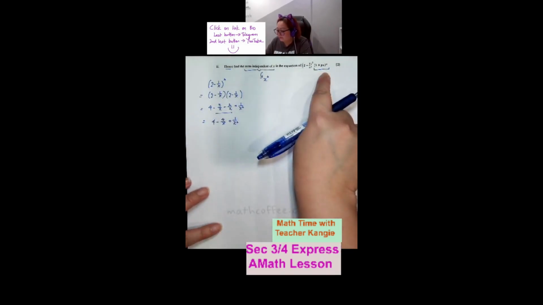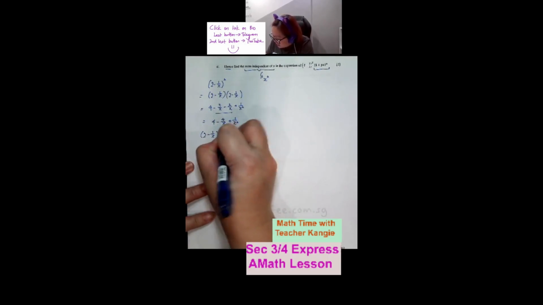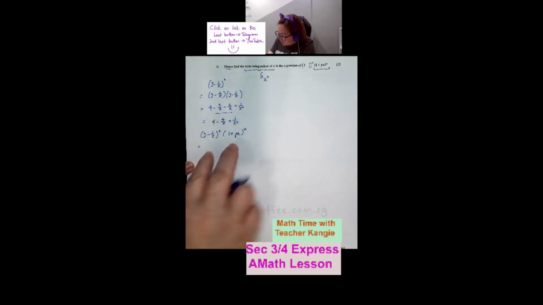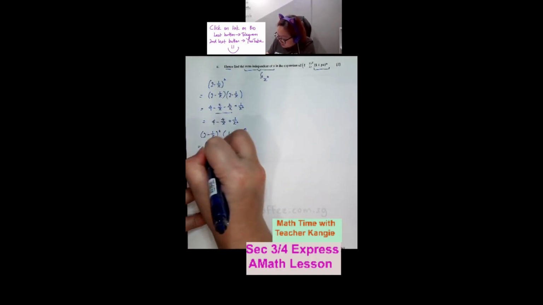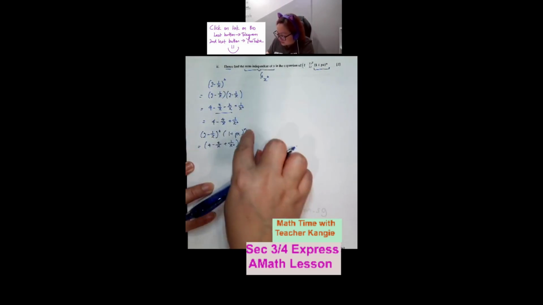Because I want to see, okay, so this I will write as 2 minus 1 over x squared and 1 plus px to the power of n. It will be equal to this 4 minus 4 over x plus 1 over x squared, rainbow with the terms.